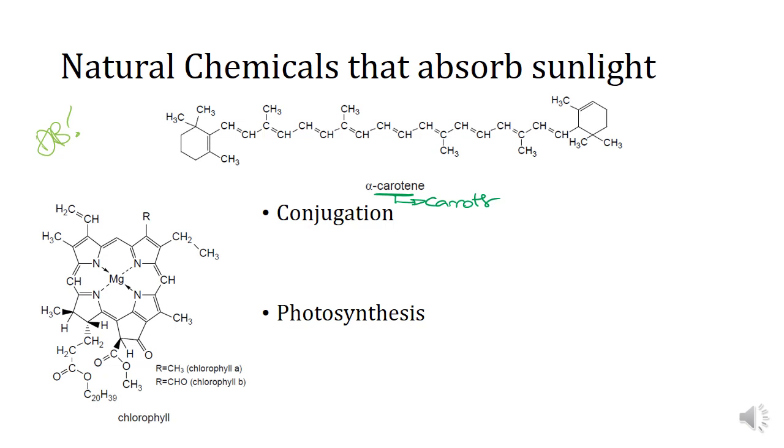So what this conjugation allows, so conjugation is the alternating double and single bonds, that decreases the absorption energy and it changes it from being UV sensitive to visible light.